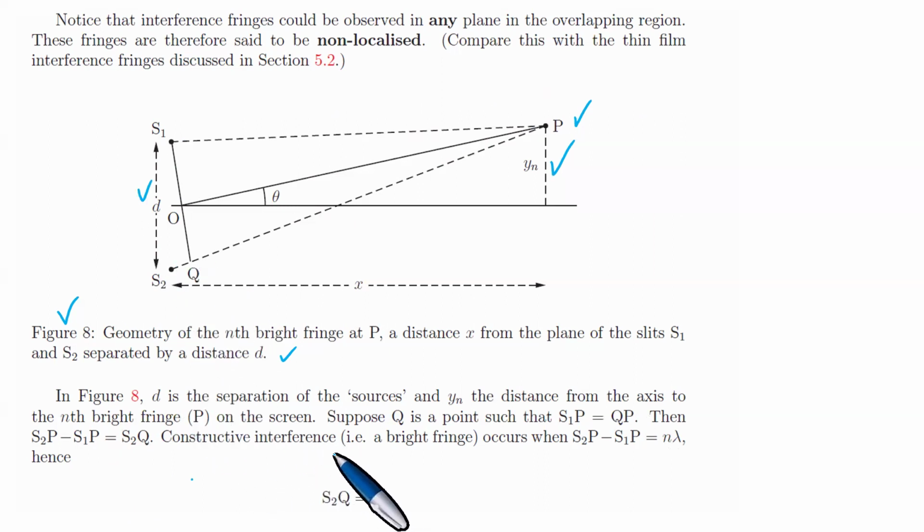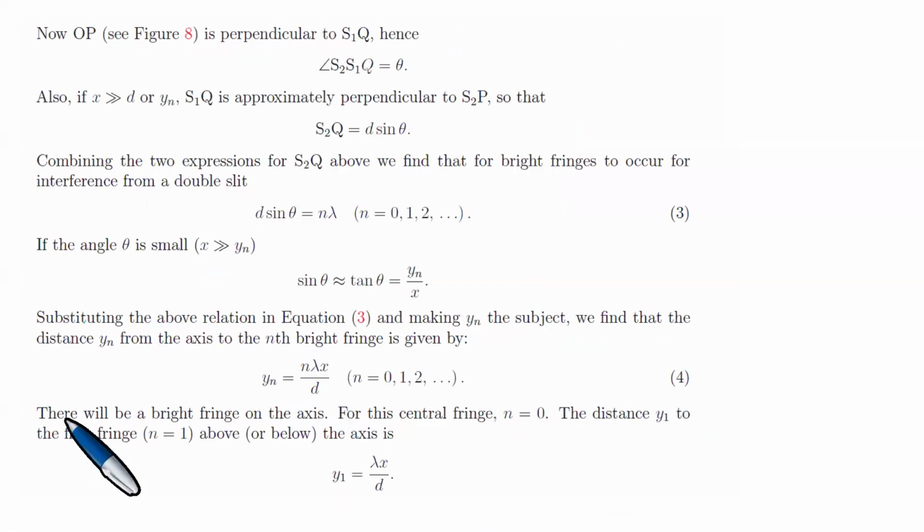Constructive interference, that is the bright fringe, occurs when S2P minus S1P is equal to n lambda. Hence, S2Q becomes n lambda. Now, OPC in figure 8 is perpendicular to S1Q, hence the angle S2S1Q is equal to theta.